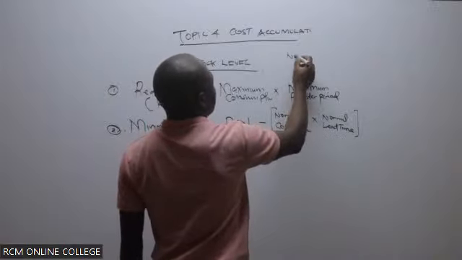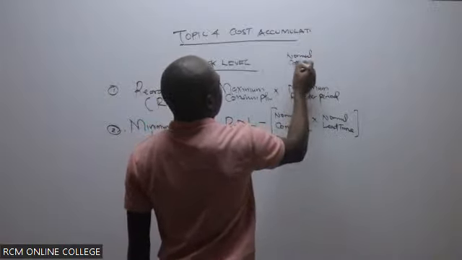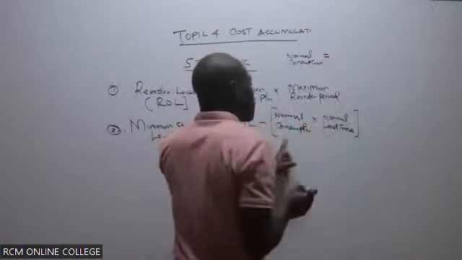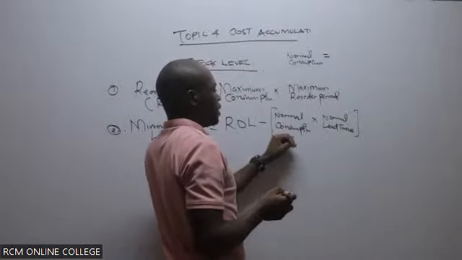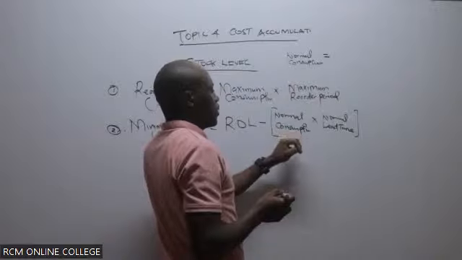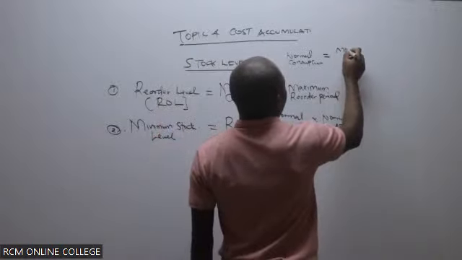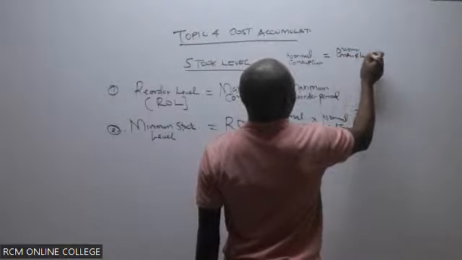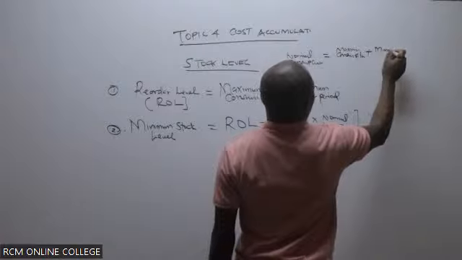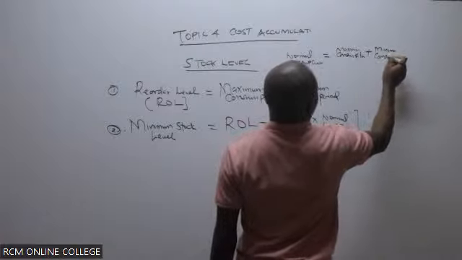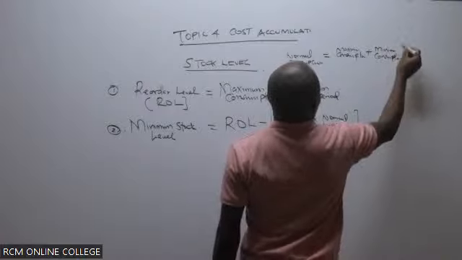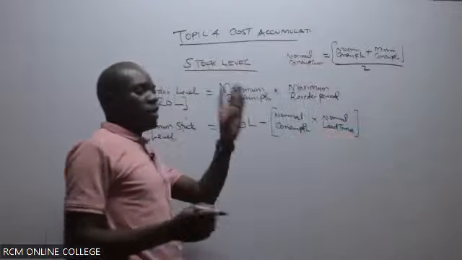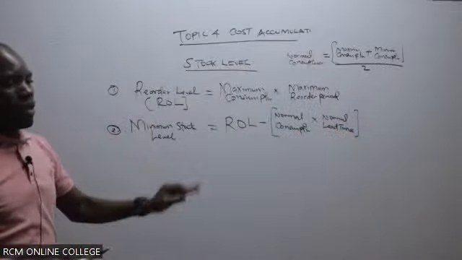Normal consumption, if the examiner does not indicate precisely what it is, then we take maximum consumption added to minimum consumption, then we divide the summation by 2. In short, we are getting the average.